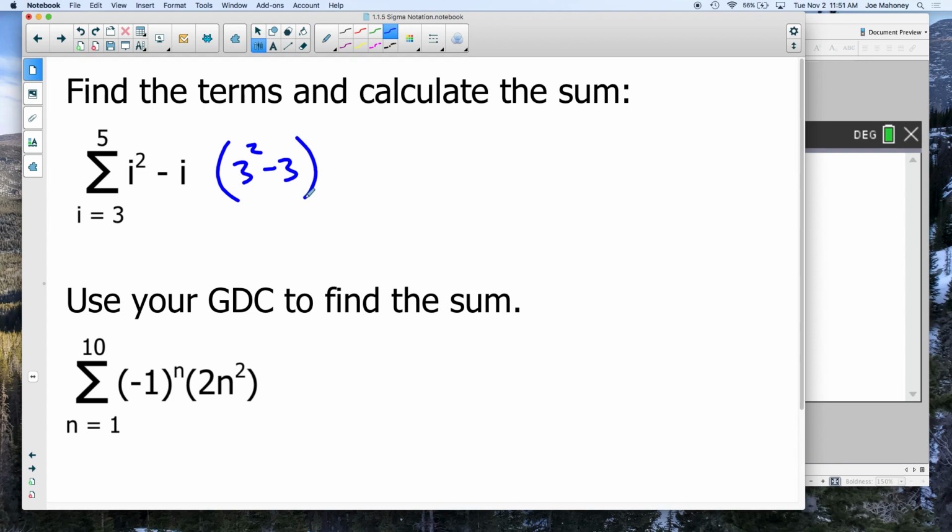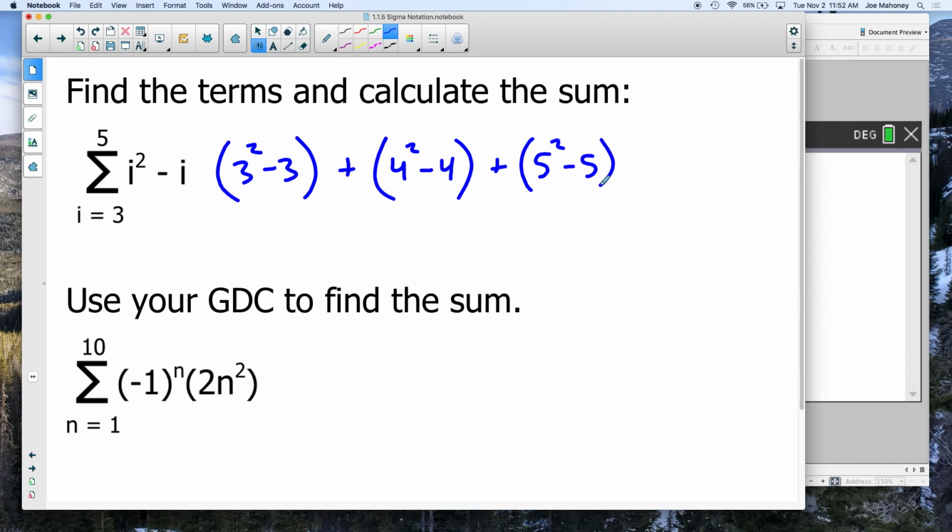So I plug 3 in for my variable i. I'm going to add that to when I plug in 4. My lower bound is 3, and I'm going to 5. So the next term is 4 squared minus 4, substituting that 4 in. My upper bound is 5. 5 squared minus 5.